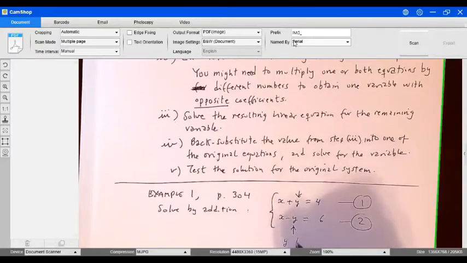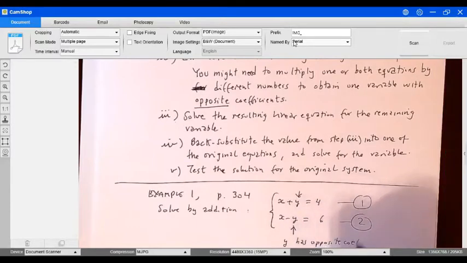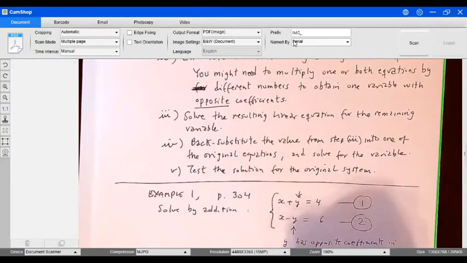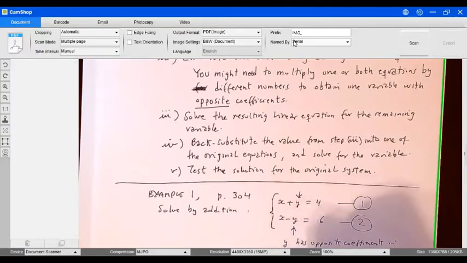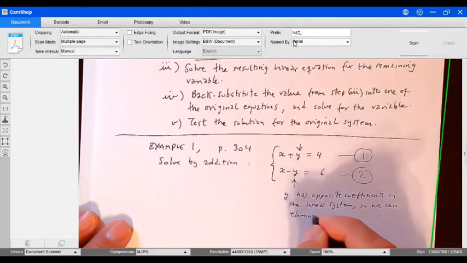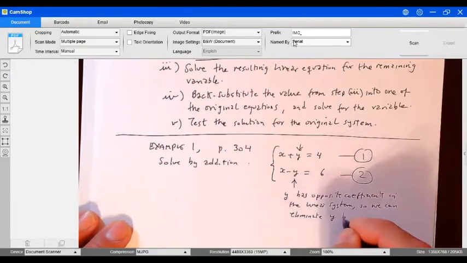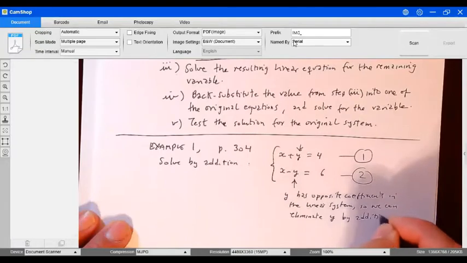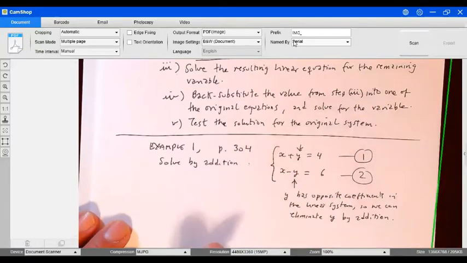So y has opposite coefficients in the linear system. So we can eliminate y by addition of these two equations. So let's do that.